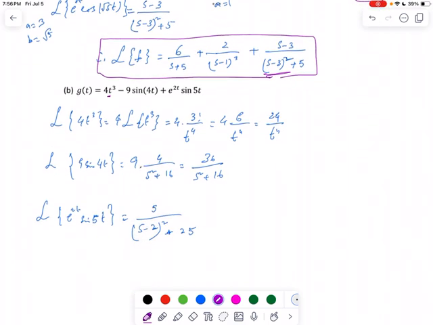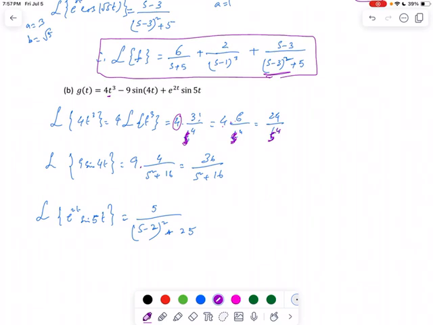So if we had 4t cube, 4 just stays, and the transform of t cube will be 3 factorial over s to the 4. What is 3 factorial? 3 times 2 times 1, which is 6, and the 4 was already there, so you multiply them, 24 over s to the 4.